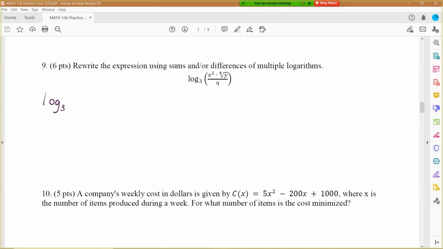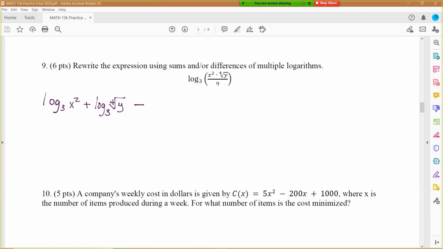In the numerator, I have multiplication. How do I break multiplication apart? Addition or subtraction? Addition. So I'm going to have log base 3 of x squared plus log base 3 of the 4th root of y.